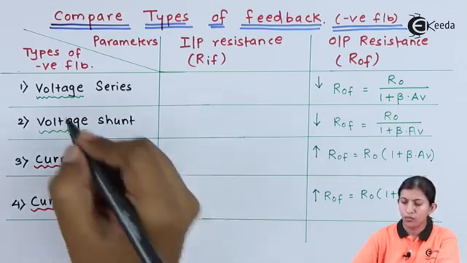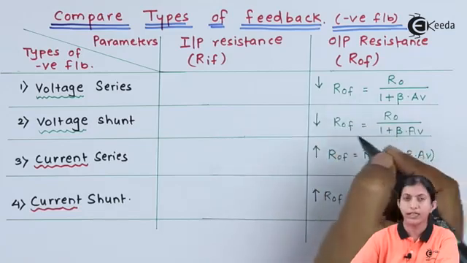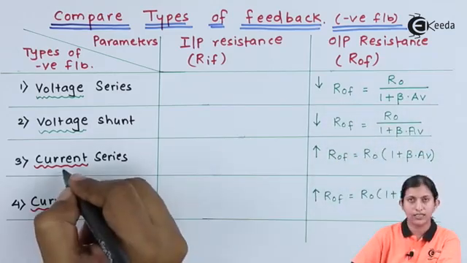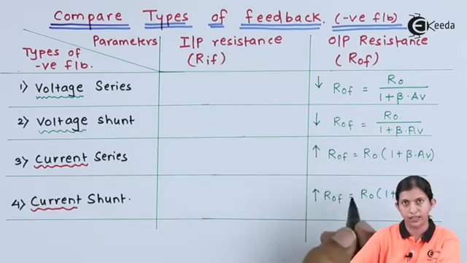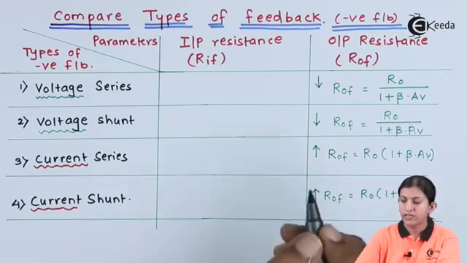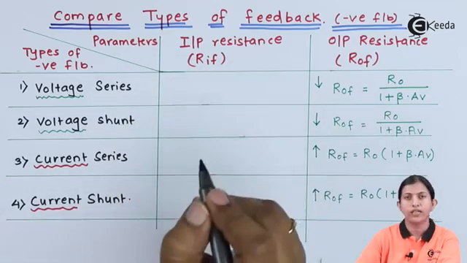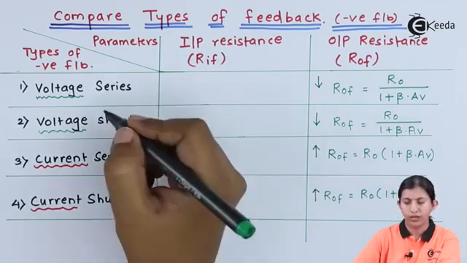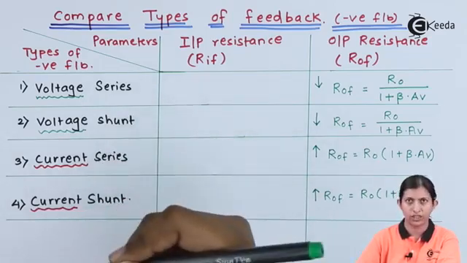So in voltage series or voltage shunt, the output resistance decreases. In current series and current shunt, the output resistance increases. The next part is we have to think about what is the value of input resistance for voltage series, voltage shunt, current series and current shunt.